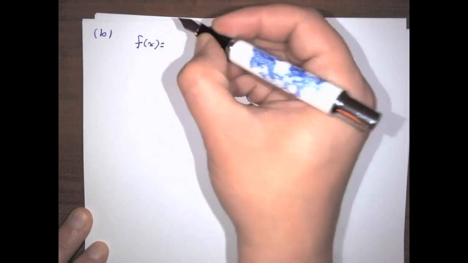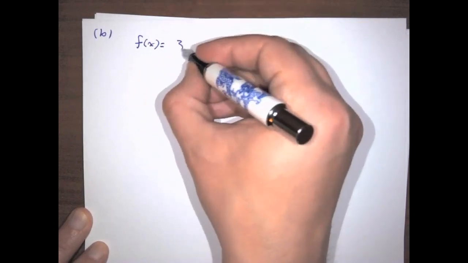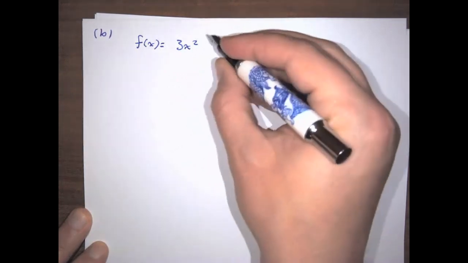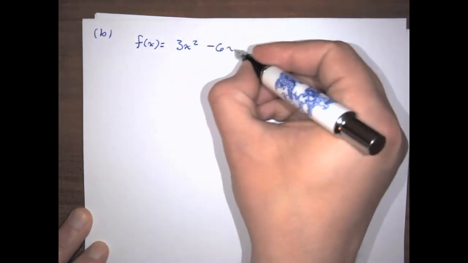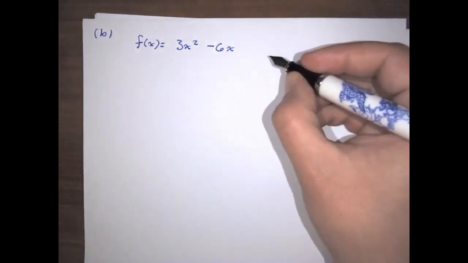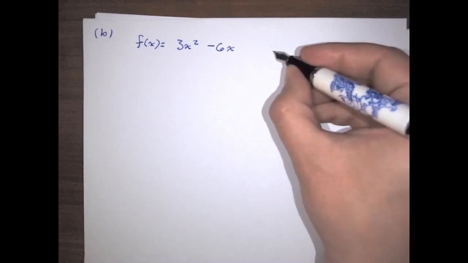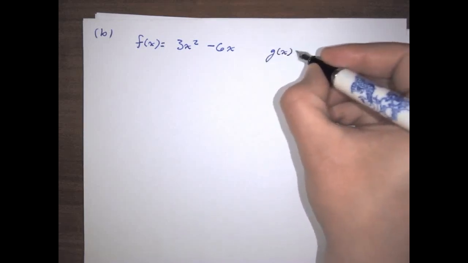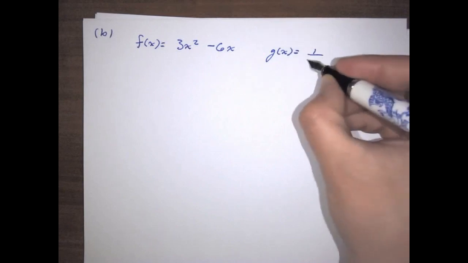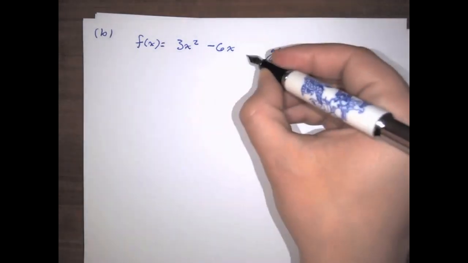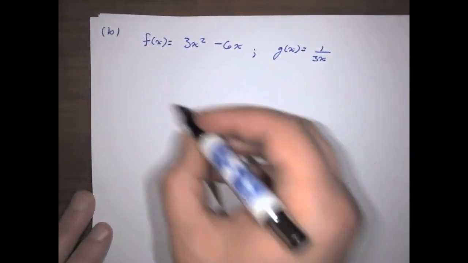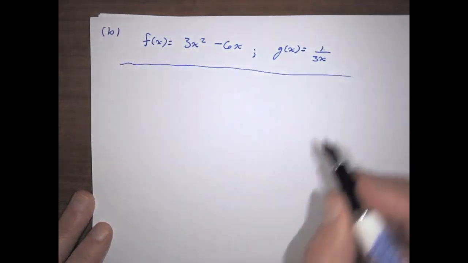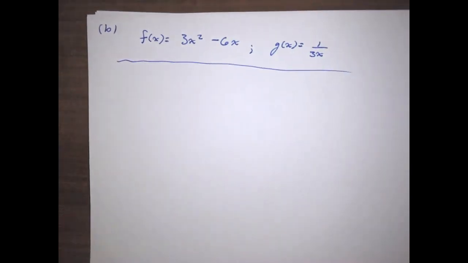F of x is equal to 3x squared minus 6x, and g of x is going to equal 1 over 3x. Okay, so let's go through this again with these new functions.